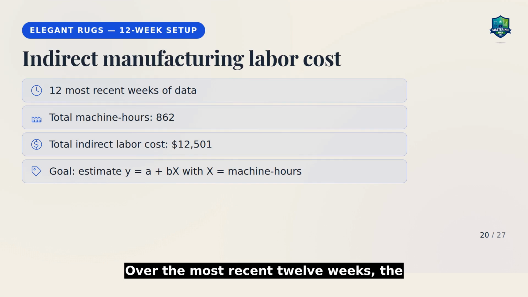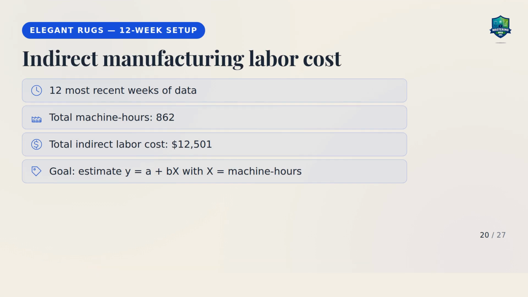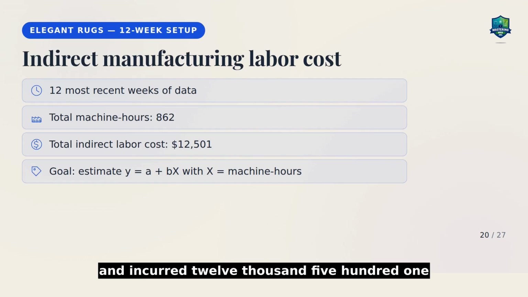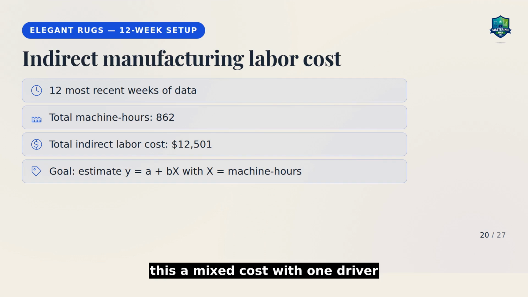Over the most recent 12 weeks, the cell ran for 862 machine hours and incurred $12,501 in indirect manufacturing labor cost, supervision, maintenance, quality control, setups. The team uses qualitative judgment to declare this a mixed cost with one driver: machine hours.